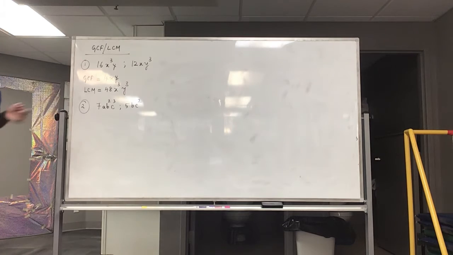Try this. Same question. 7ab squared c cubed, 5bc squared.